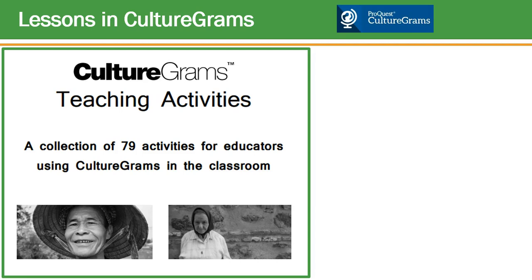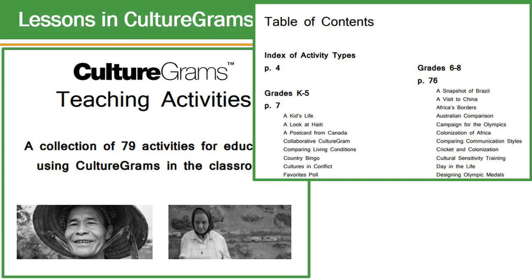But what you'll notice as you scroll through the activities, there are 2 ways to search through the PDF file. One is by grade level. So if you're simply interested in grades K through 5, middle school or high school, you can scroll through and look at those that are keyed to the grade level.